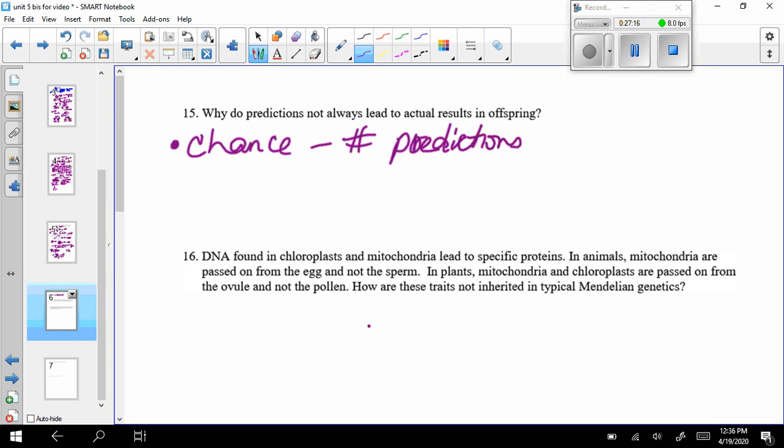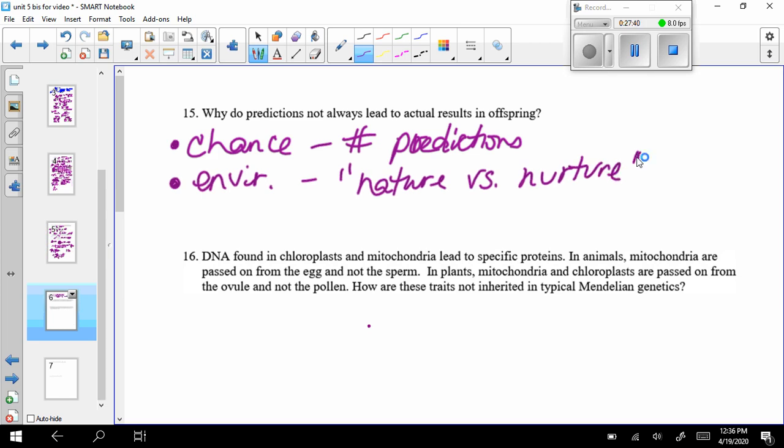I'm sure you can all relate and know a family that has had 6 boys in a row. So the odds just don't always work out the way that they expect. But the other big factor is the environment. You know, that whole idea of nature versus nurture. The environment in which the genes are expressed sometimes alters the expression of the gene.